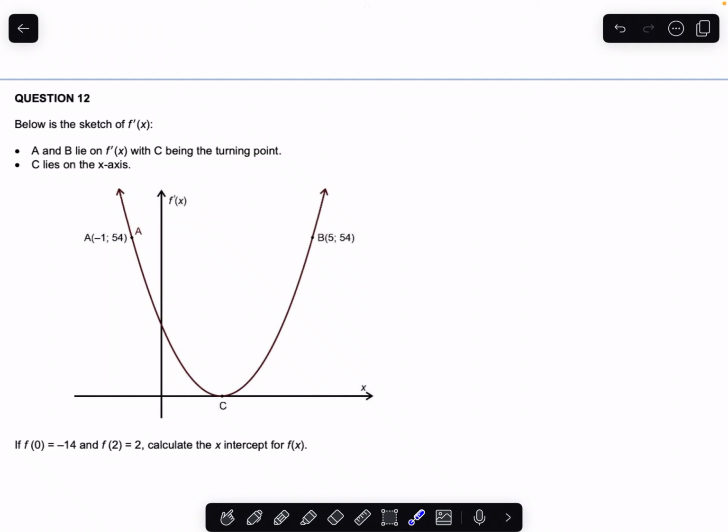So this is a graph that is describing how the gradient of f of x behaves, because f prime x is the gradient function of f of x.